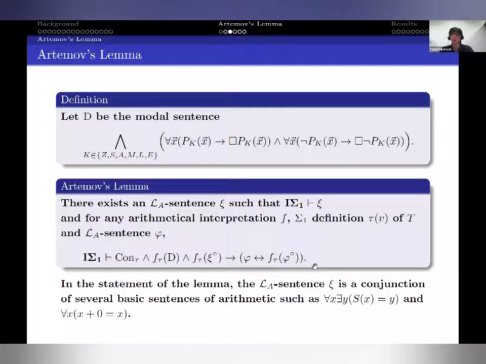And this is proved by using a version of Tenenbaum's theorem in the models of Peano arithmetic.